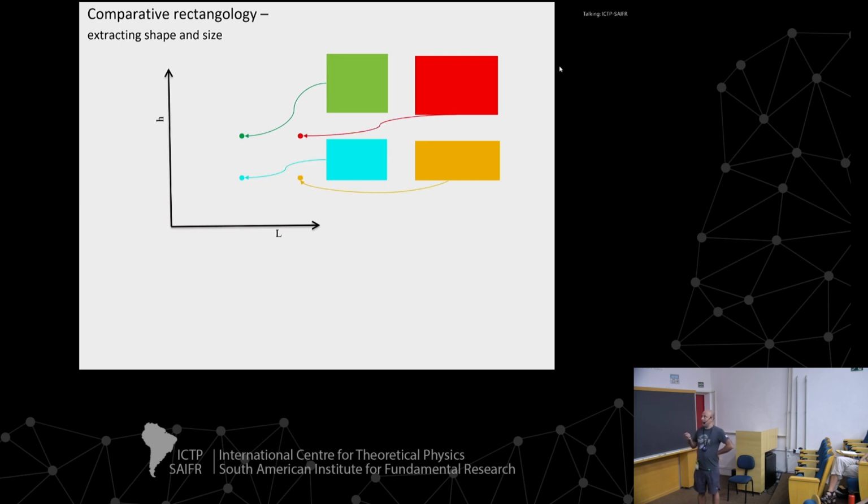So each rectangle exists as a point in this 2-dimensional parametric space. But you see that some rectangles are exceptional. They have the same height as the length, and we call them squares. And now you say, okay, so which rectangles are more similar to one another? Which rectangles are more different?